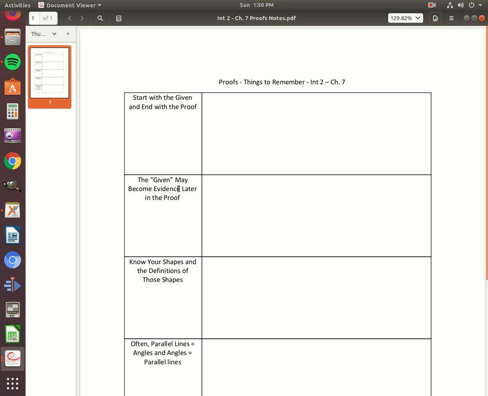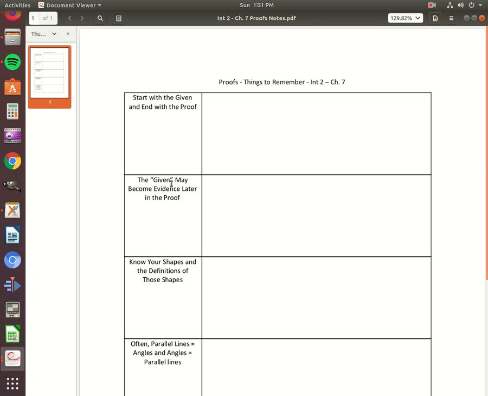Another thing is that given may become evidence later in the proof. Like, it would be weird if I told you, hey, my shoe size is size 9, right? Who cares? It has no relevance at all. So the fact that they're telling you something in these problems is because you're going to use it later. They wouldn't tell you that something is parallel to something unless they expected you to use that knowledge later.